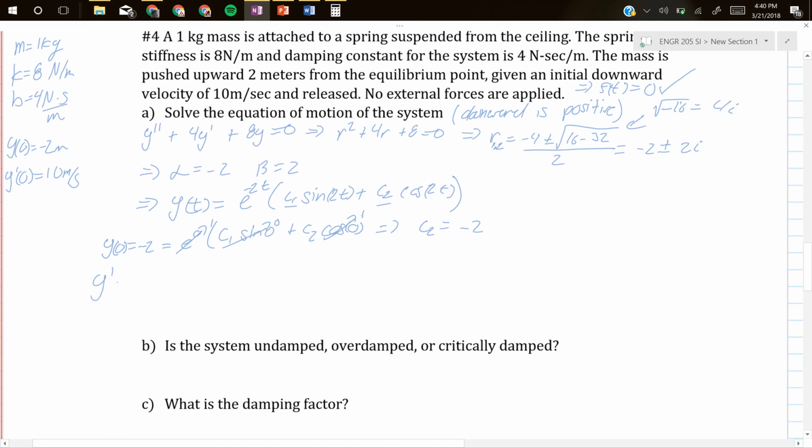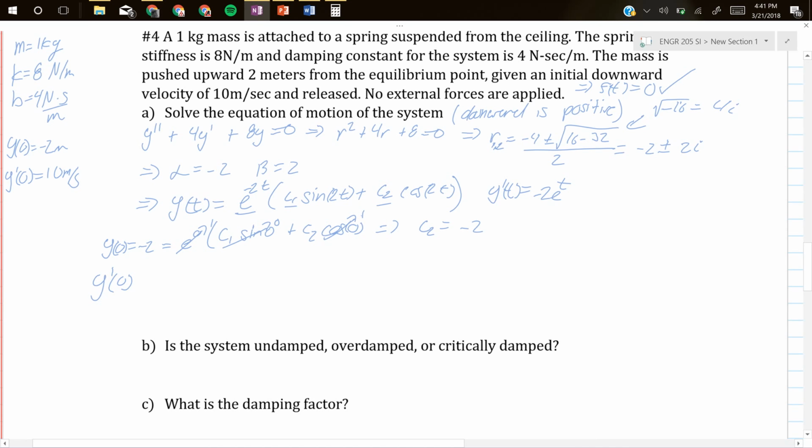Do the same thing for y prime of 0. We'll solve for y prime of t real quick. Y prime of t is negative 2e to the negative 2t. I'm going to do a product rule with this left term times this whole term.